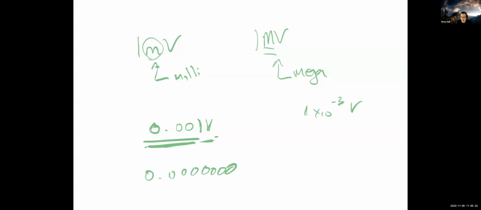I would strongly encourage you, as you continue on through both this class and your career, to start using milli, micro, nano, pico, femto, kilo, mega, to describe all of your units and then put them in these form factors.